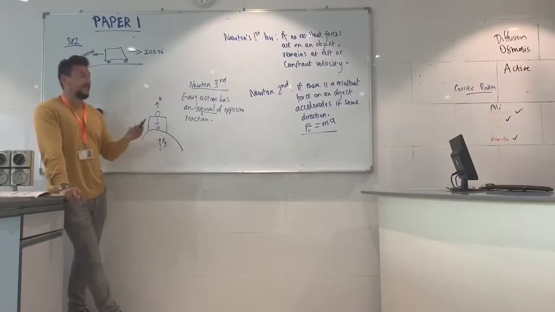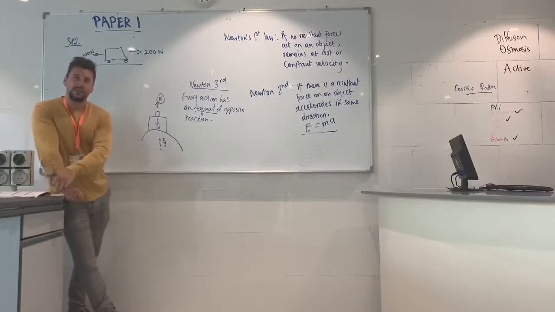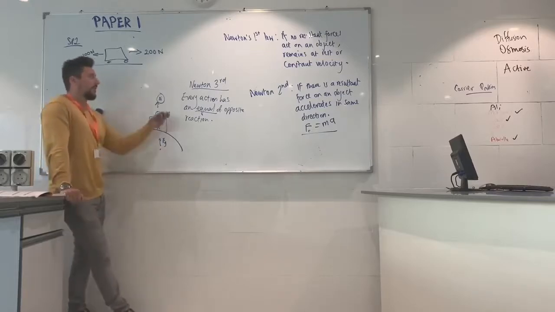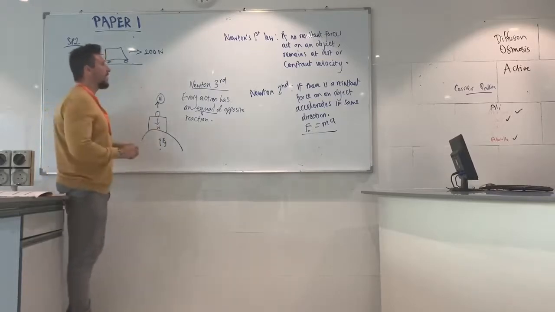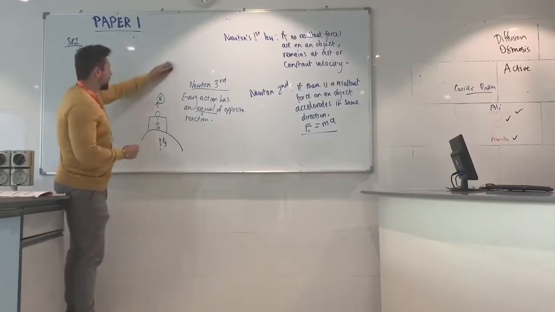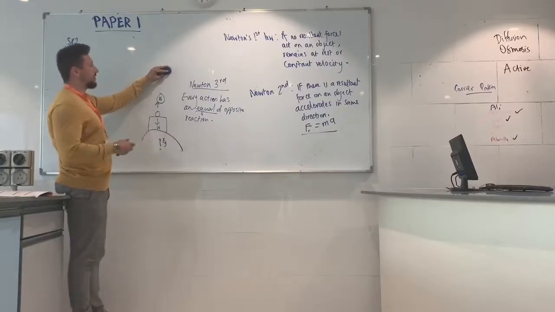That's the only time that this normal contact force can be reaction, if you say that the action is the force of the object on the table. Okay? But if the weight of the object is the action, therefore the reaction must be the object pulling the earth. Yeah? Okay? And that's Newton's third. So any force, absolutely any force, must have an equal and opposite reaction. Just as long as it is the same two objects, same size, opposite direction.